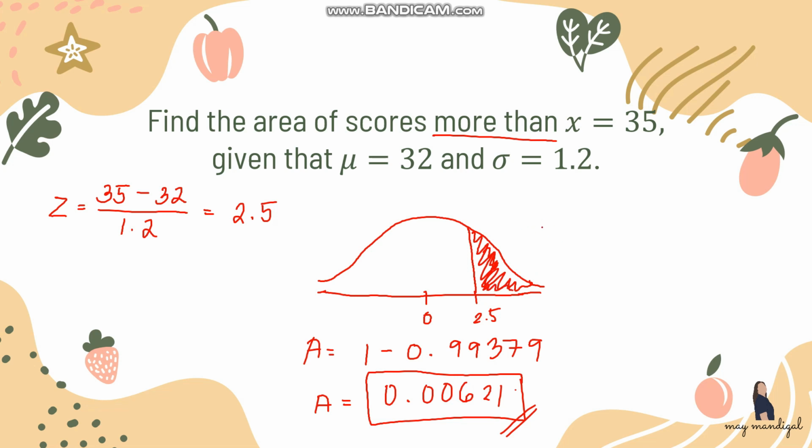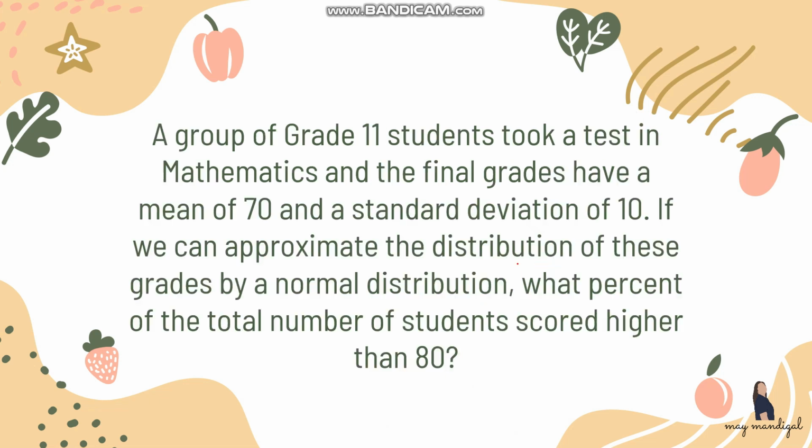So if you're going to convert it into percentage, this is 0.62%. So that means 0.62% scored more than 35. So let's say what we have here are scores in an exam. So 0.62% scored higher than 35. So that is how we can interpret this area right here.